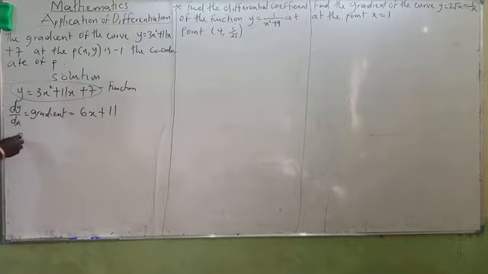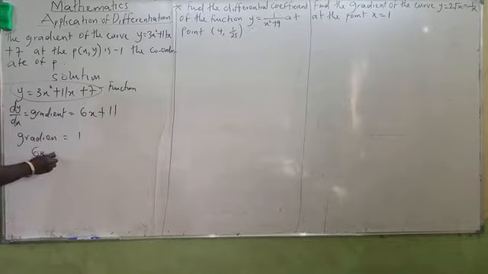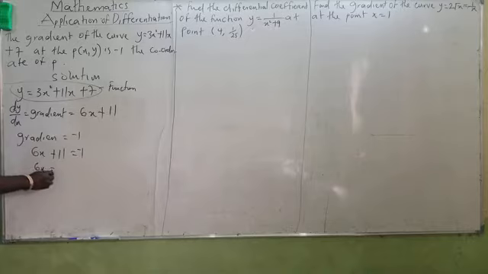It means the gradient equals 1. It means 6x plus 11 equals 1. Is it 1? Minus 1, sorry, minus 1. Now, I will say that 6x equals minus 12. My x will be equal to minus 2.